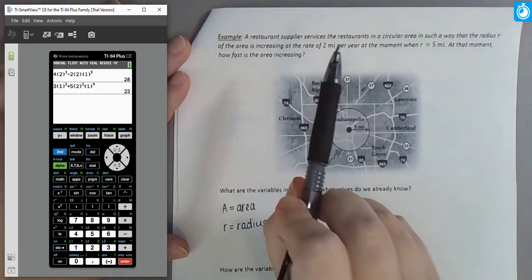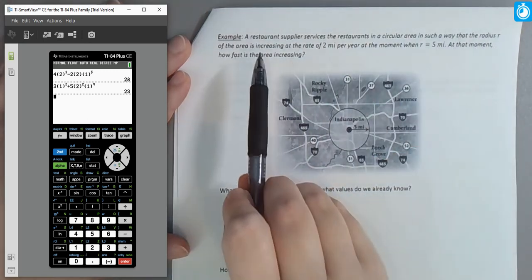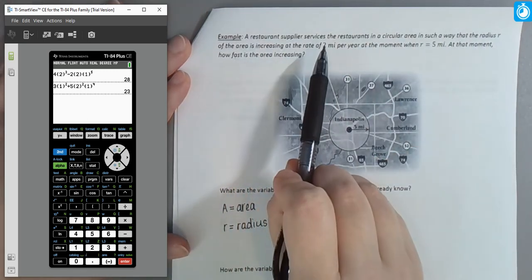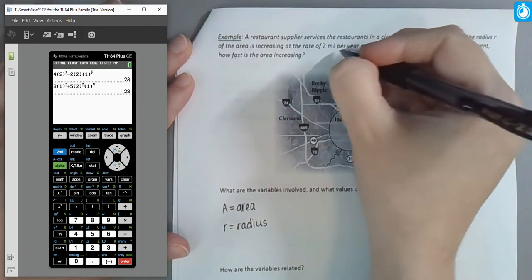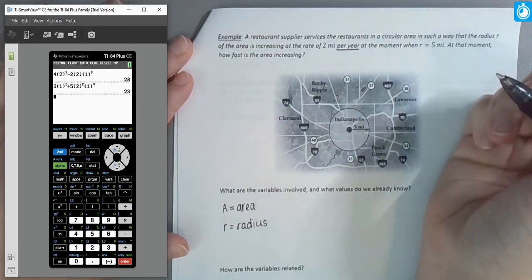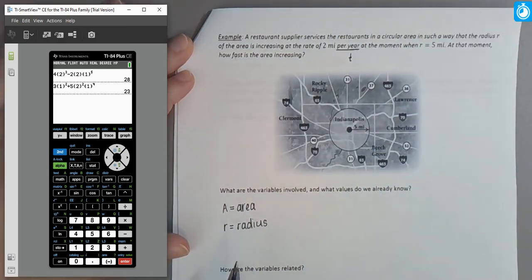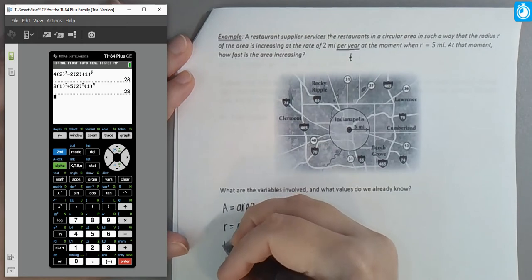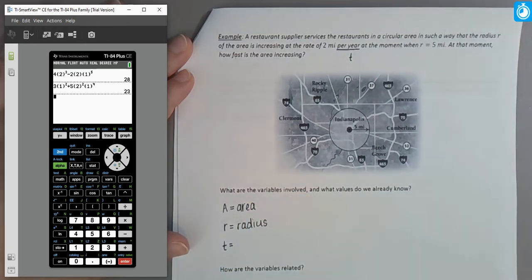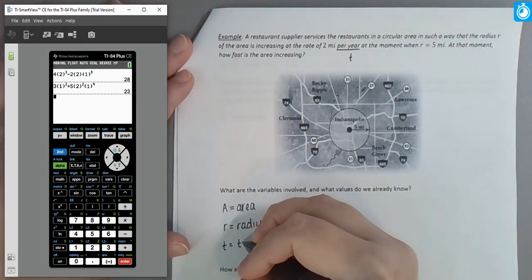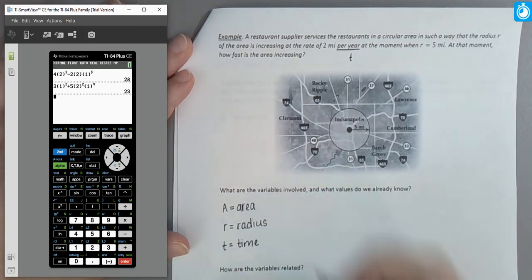But we've also been told that the radius is changing at a rate of 2 miles per year. Per year means time. It means the radius is changing over time. So there is a third variable involved that affects the other two, and it's the variable t, which represents time.